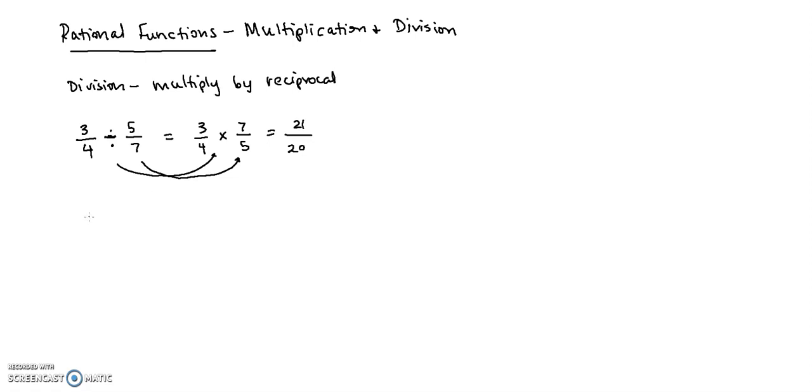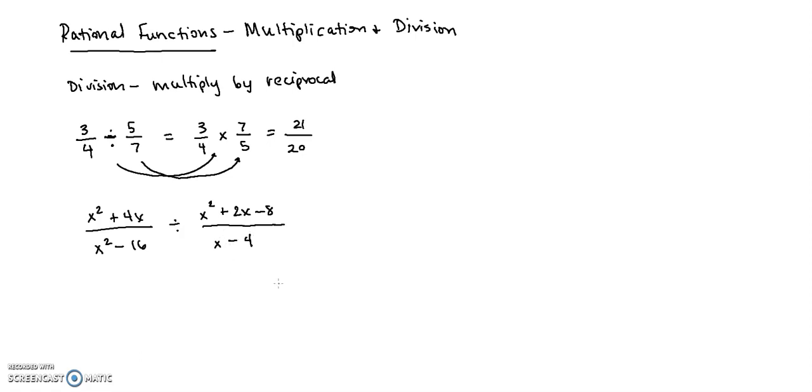So let's say that we've got (x squared plus 4x) over (x squared minus 16), and we're going to divide by (x squared plus 2x minus 8) over (x minus 4).